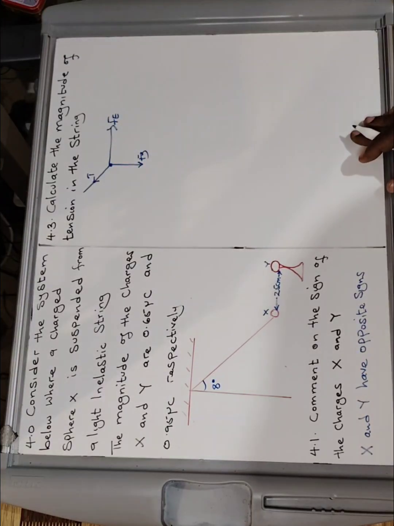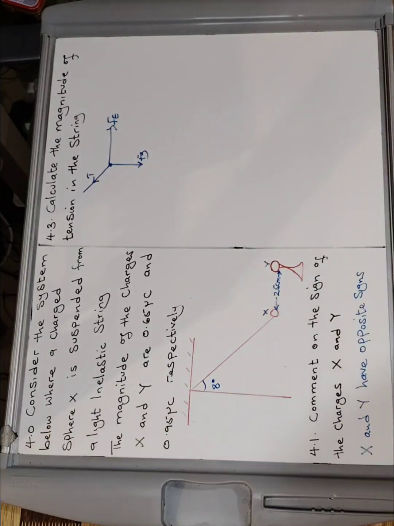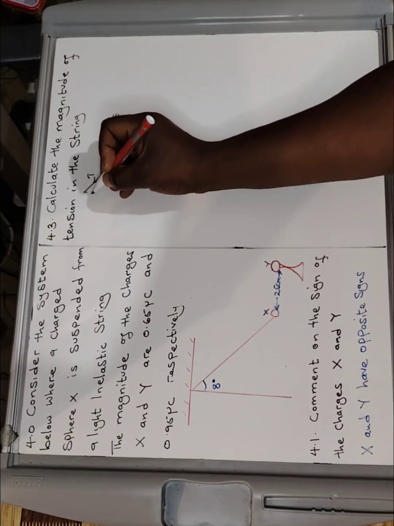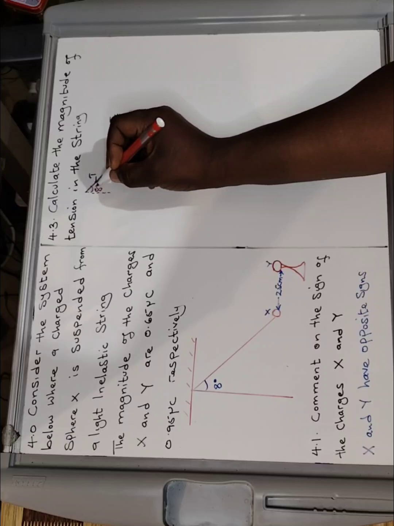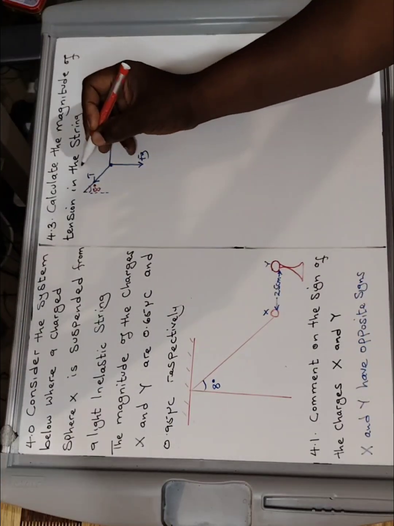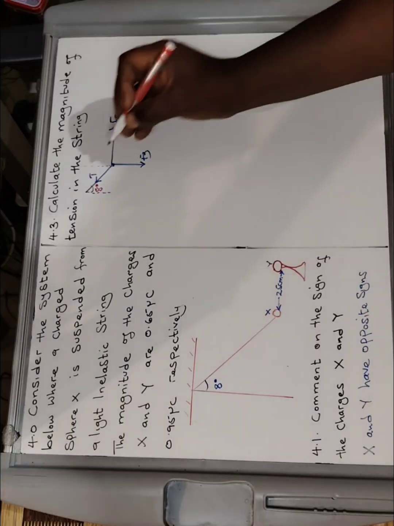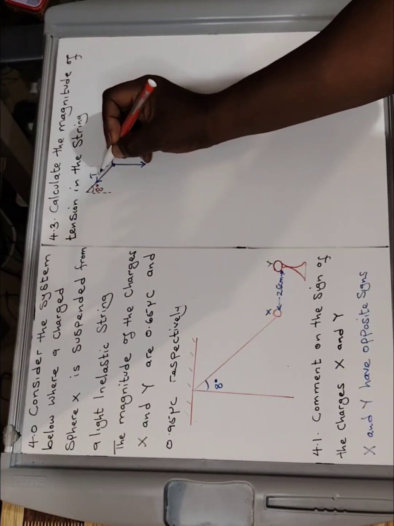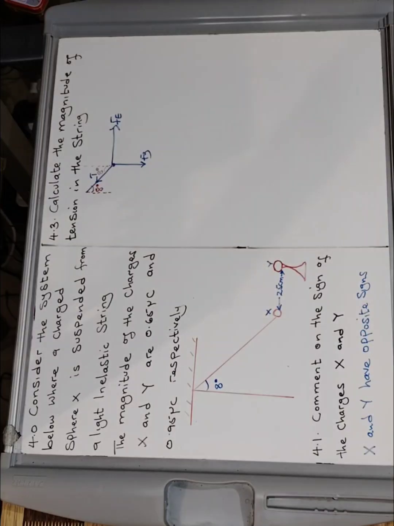Now you have to remember that we know this angle. This angle is 8 degrees. And if we have this plane, this one is also 8 degrees, alternate.